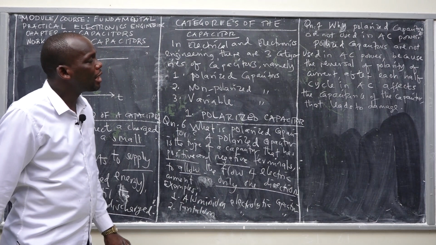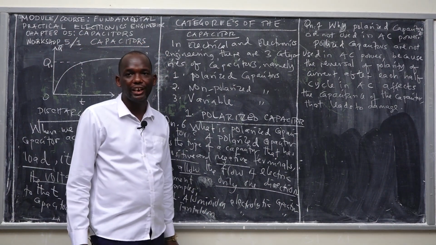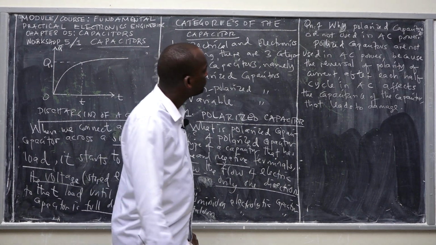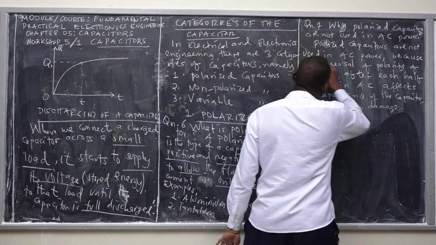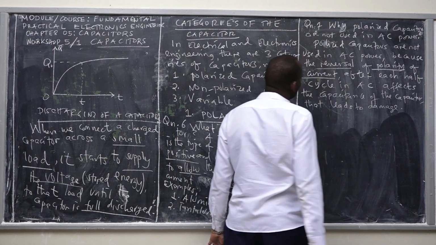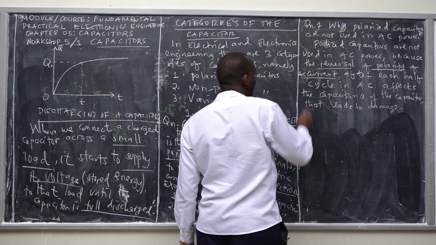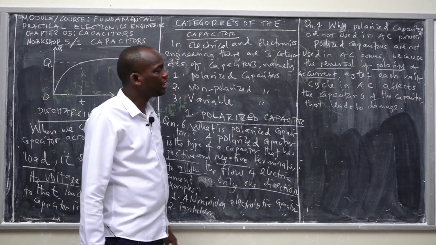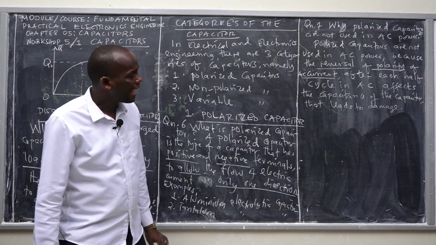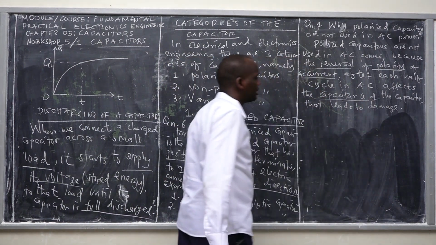So polarized capacitors are not used in AC power. Why? Because the reversal of polarity of AC current after each half cycle in AC affects the capacitance of the capacitor.